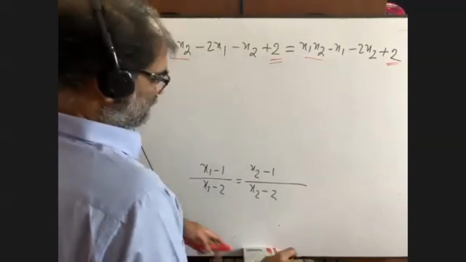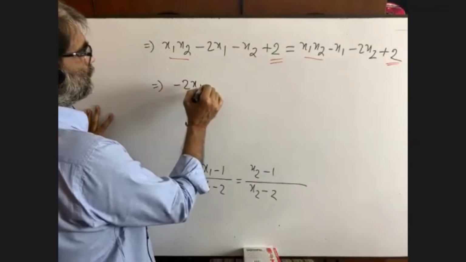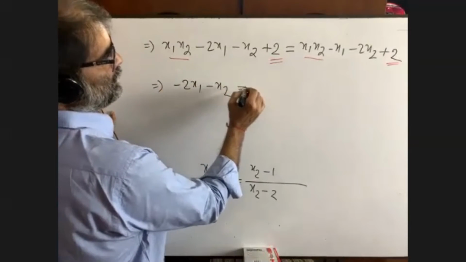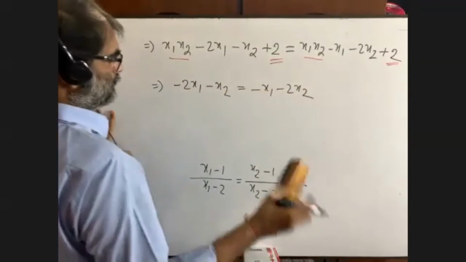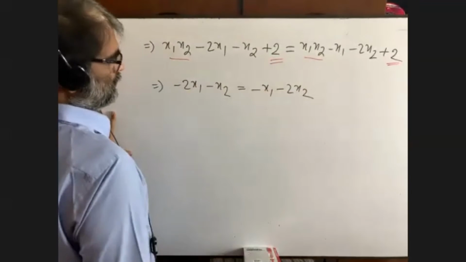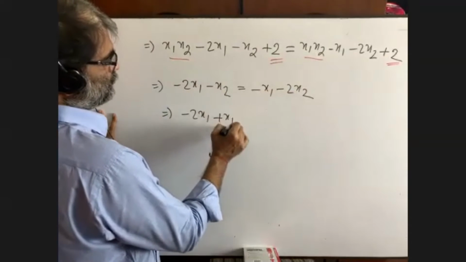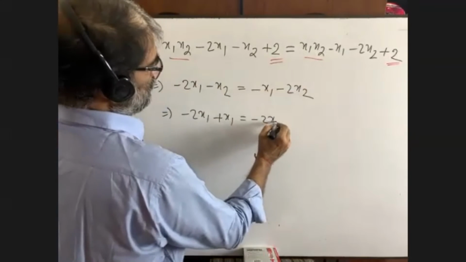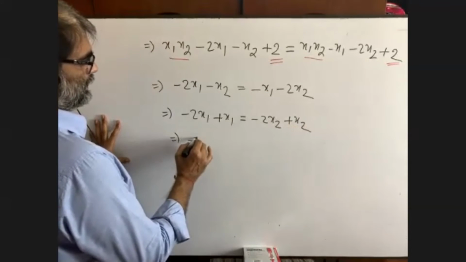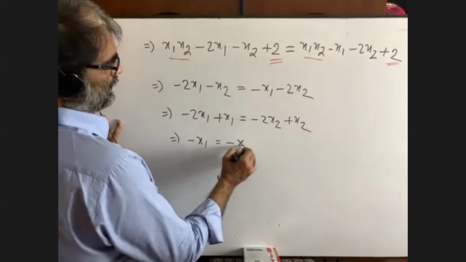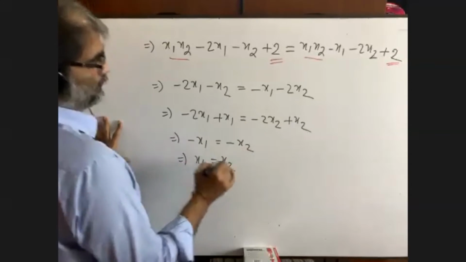That is minus 2x1 minus x2 is equal to minus x1 minus 2x2. So minus 2x1 plus x1 is equal to minus 2x2 plus x2. So here minus x1 equals minus x2, that is x1 equals to x2.